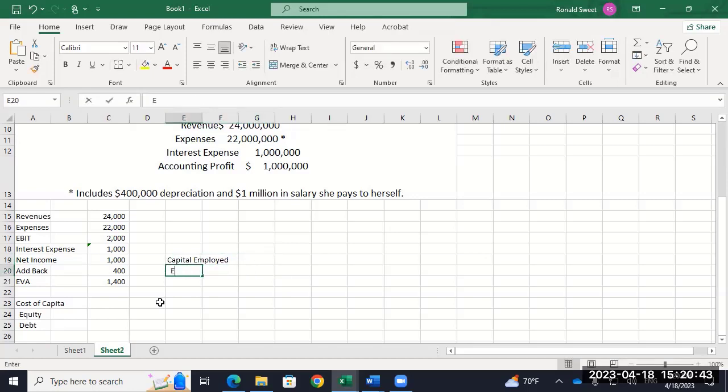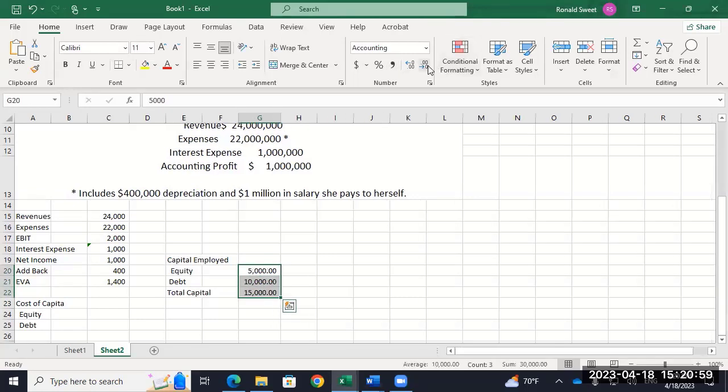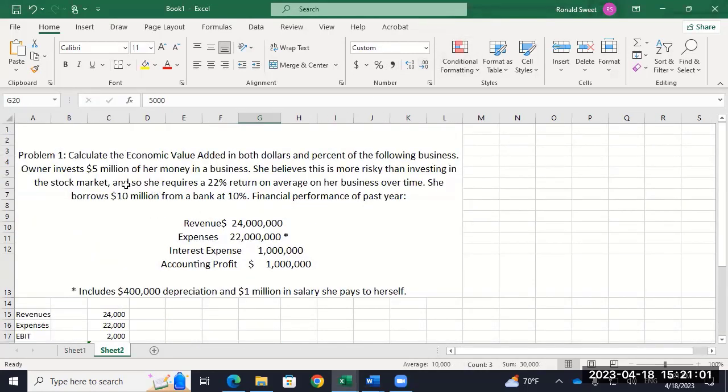So we have equity is 5 million and debt is 10 million. Your total capital is the sum of those two. If you want to put that off separately, that just makes it safer.